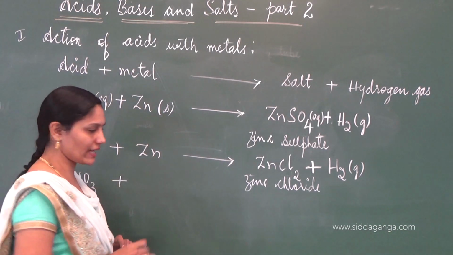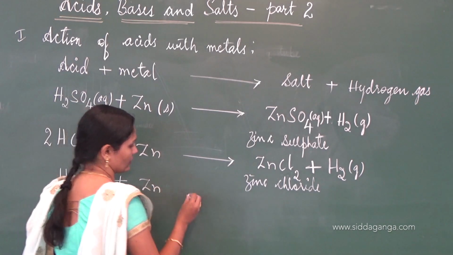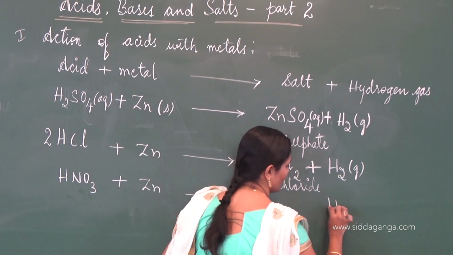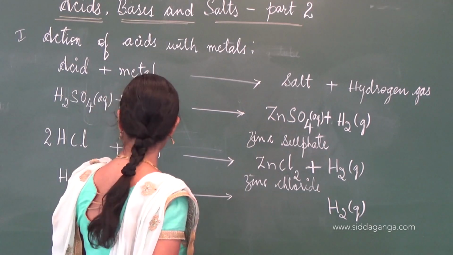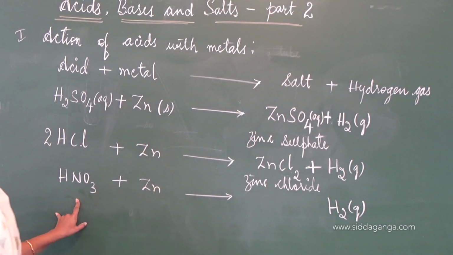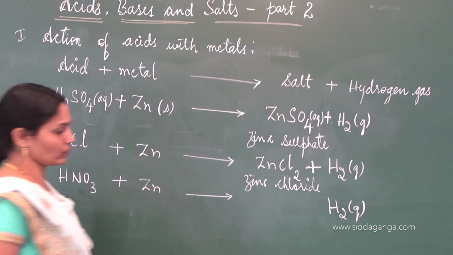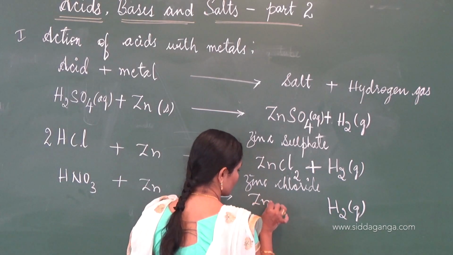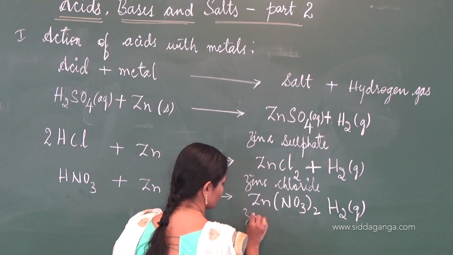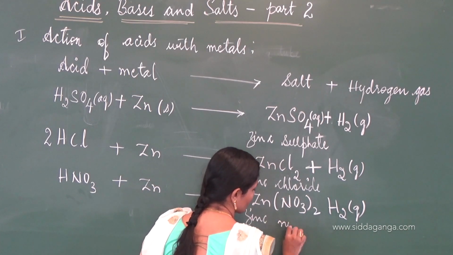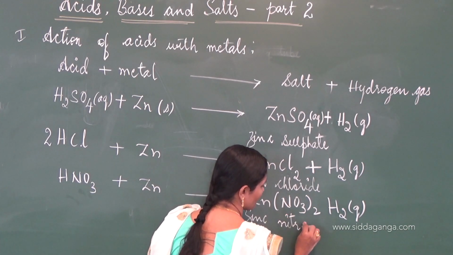HNO3 is nitric acid. Nitric acid plus zinc gives rise to hydrogen gas, and along with that the salt formed is zinc nitrate, Zn(NO3)2. Check whether the equation is balanced.